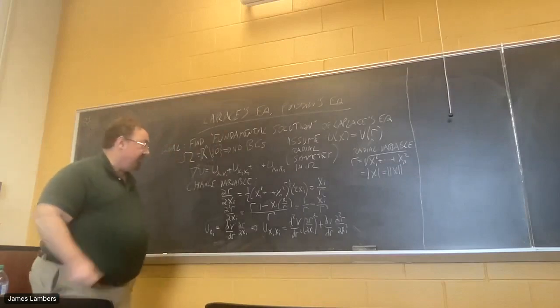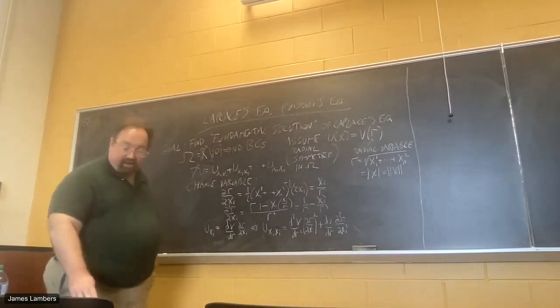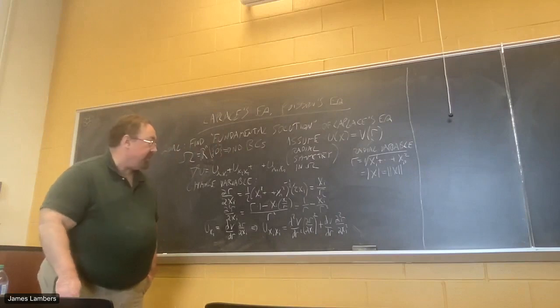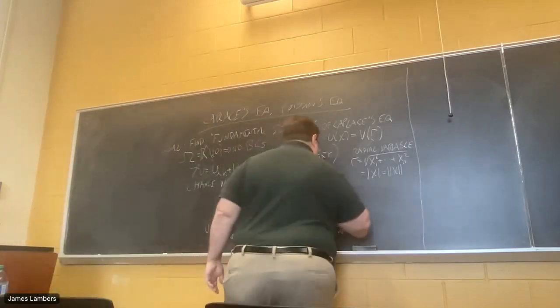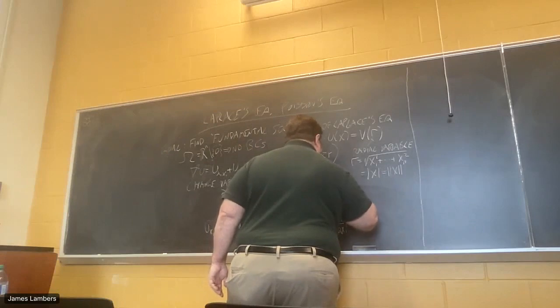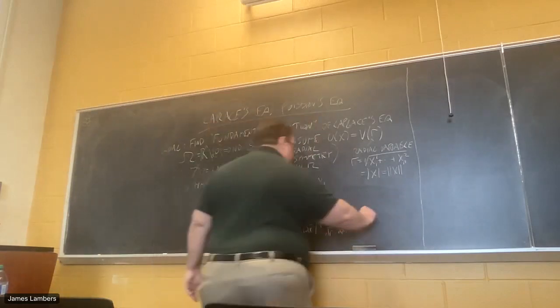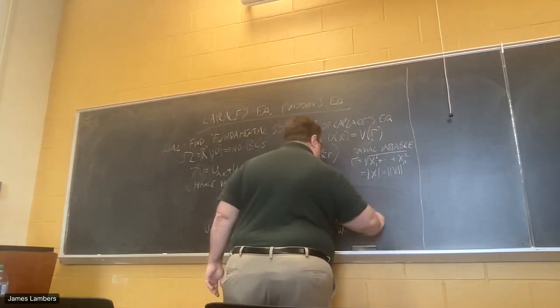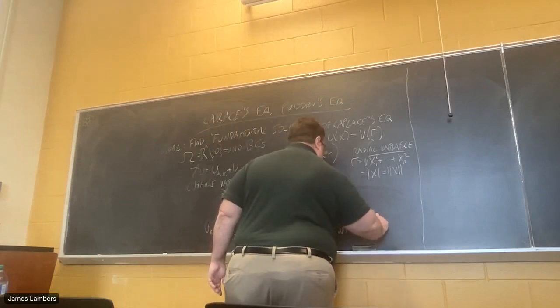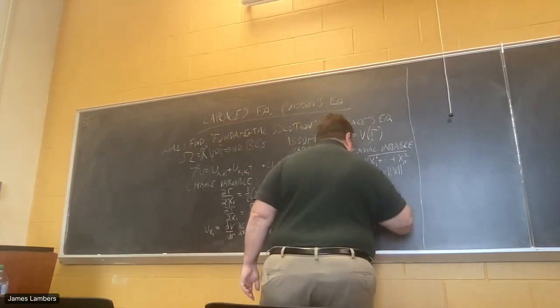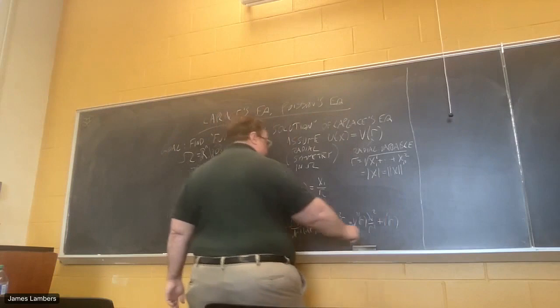And now all these partial derivatives of r with respect to xi, I can fill in what they are. Now I have v double prime of r times this squared, xi squared over r squared, plus v prime of r times the second derivative.